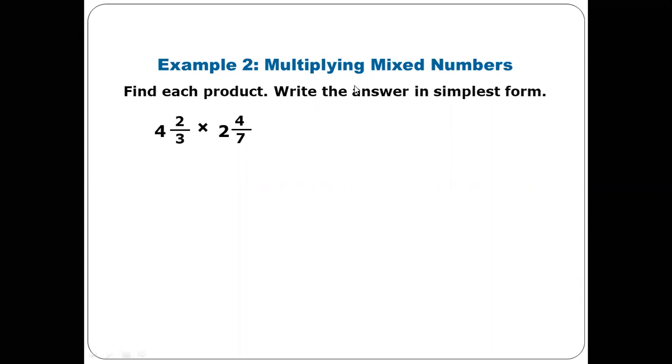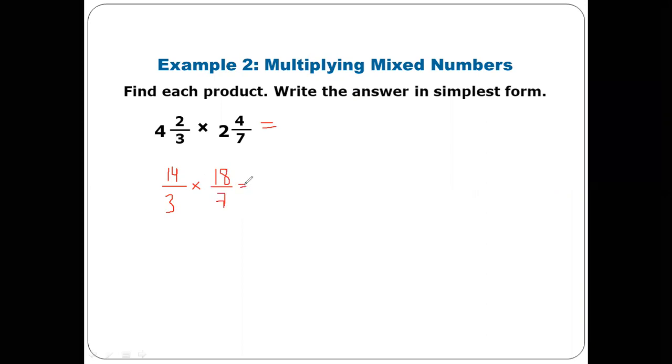Now we are going to multiply two mixed numbers. As a first step, we have to change the two mixed numbers into fractions. 4 times 3 is 12, plus 2, 14 out of 3, times 7 times 2 is 14, plus 4, 18 out of 7.